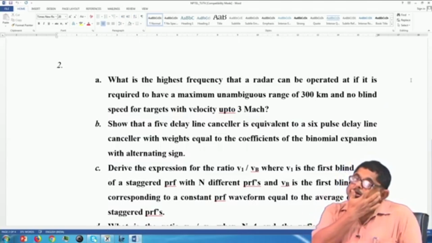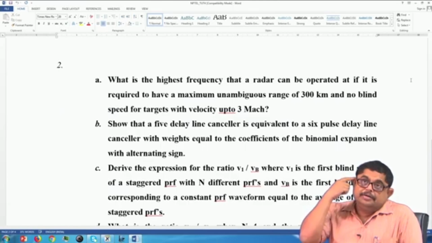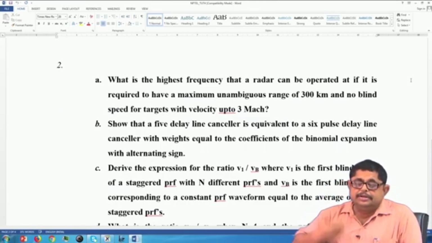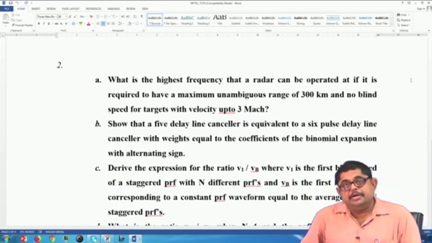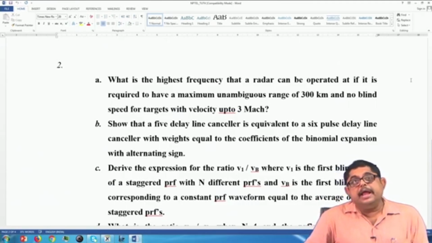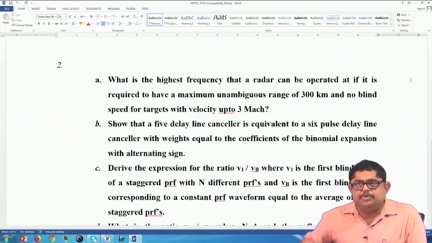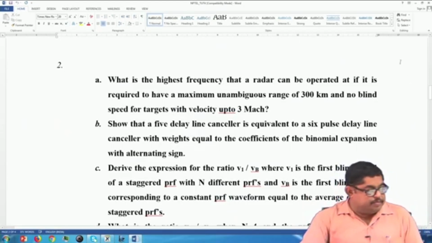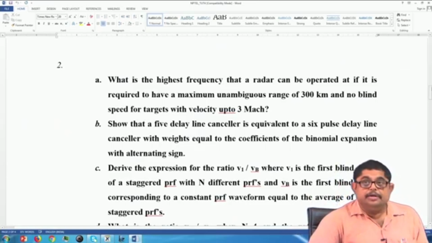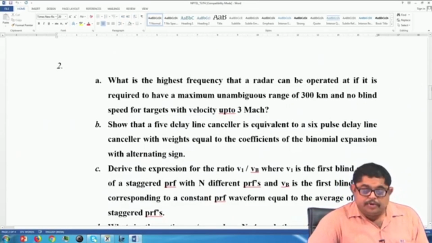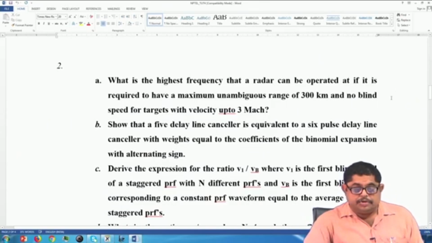Aircraft, missiles, etc. generally use this unit. 3 Mach means 3 times the velocity of sound, 8 Mach means 8 times the velocity of sound, etc. Generally up to 8, 9 Mach the fighter aircraft or spacecraft can go. So, this is the first part.